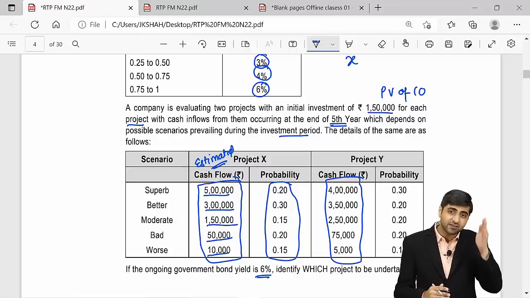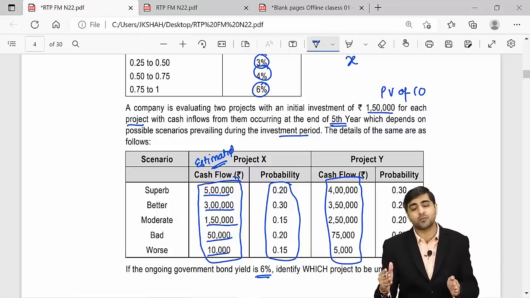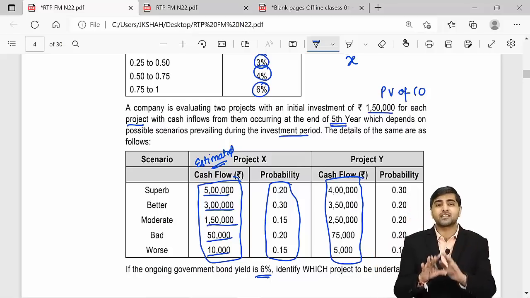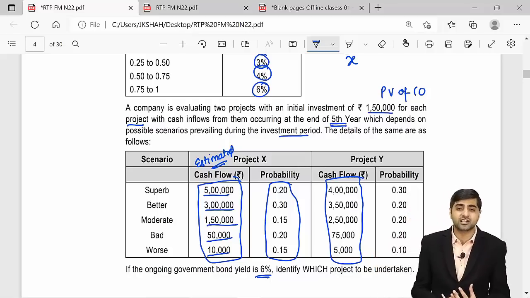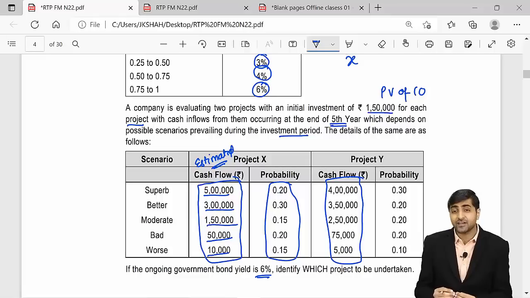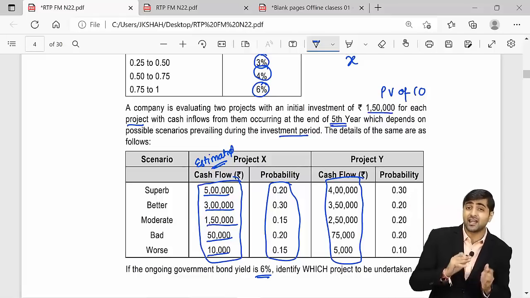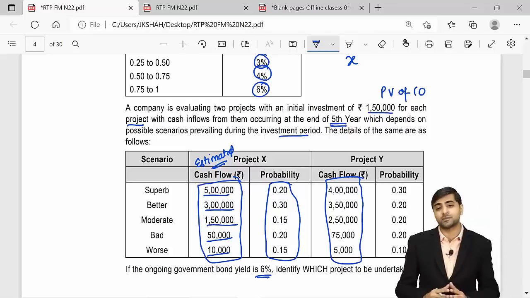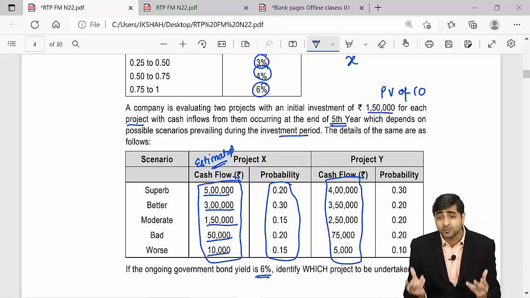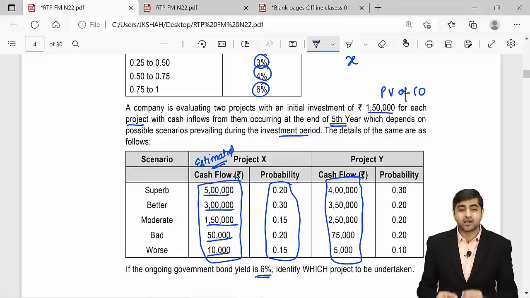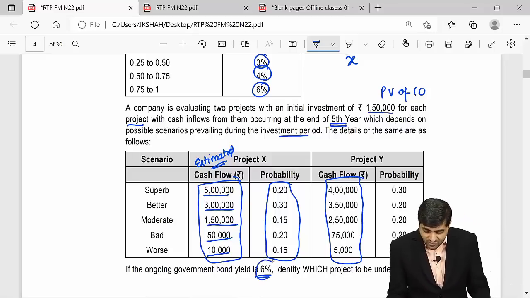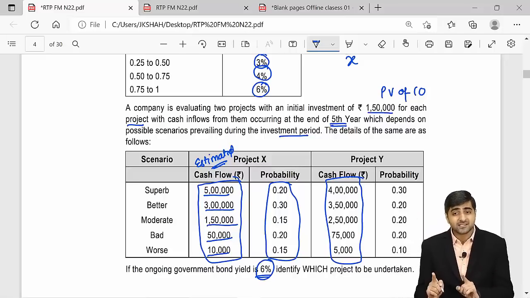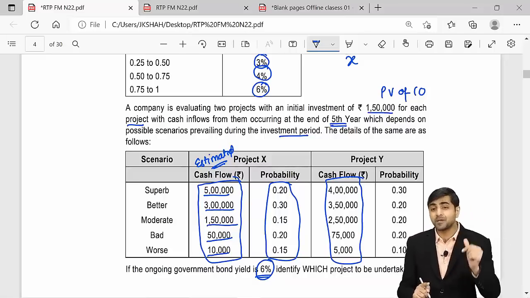So guys, we have the estimated cash flows, we have the probabilities. So basically we'll be getting the expected or the average cash flows. And these average cash flows which we are receiving at the end of the 5th year, we have to discount and bring to the present value terms. So what should be your discounting factor? Your discounting factor should be your risk-free rate plus the risk premium.